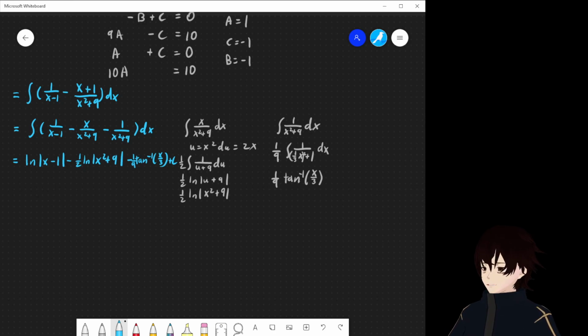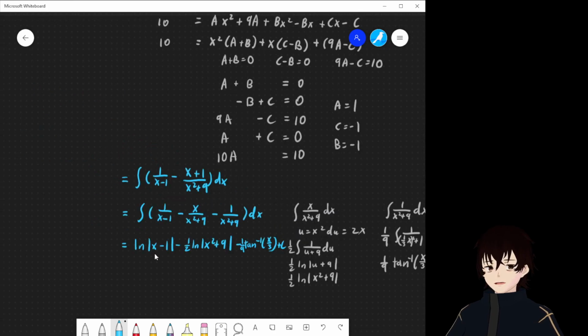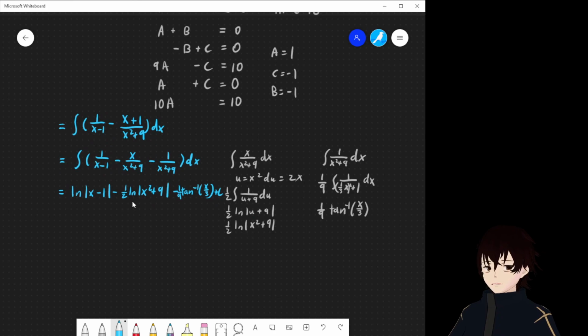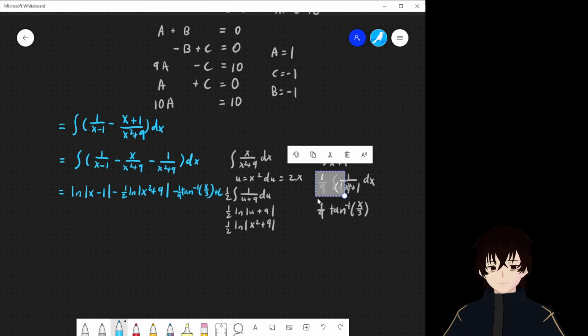This is such a long answer. What question is this? 23. Natural log x minus 1 was 1/2 that. Wait. Wait a second. Something wrong here.